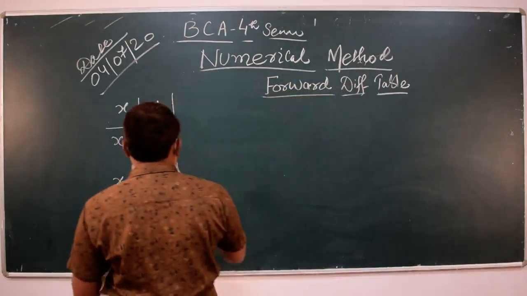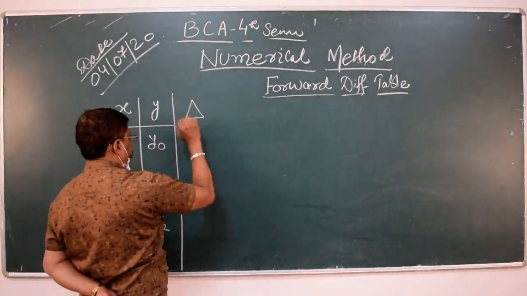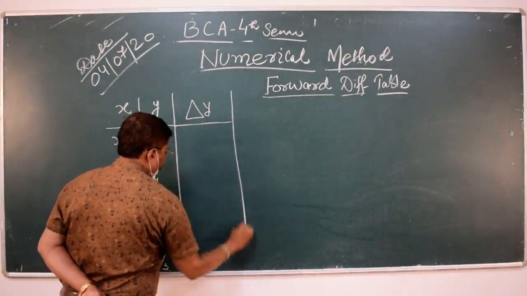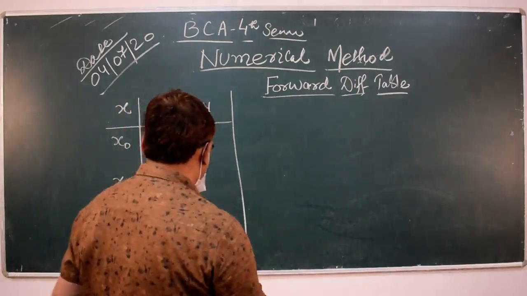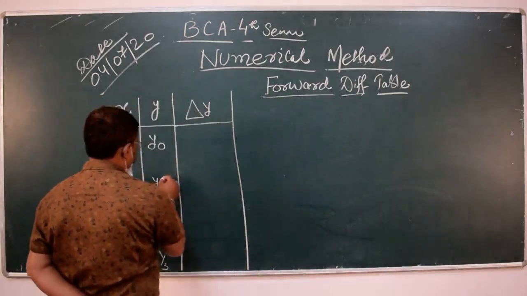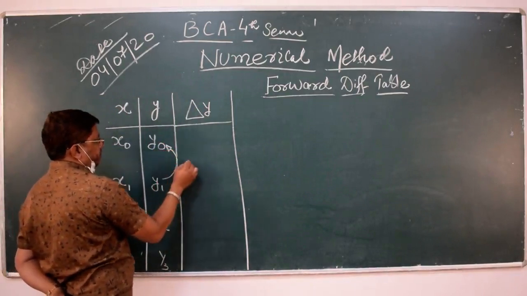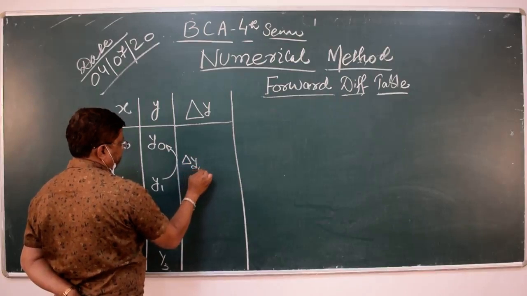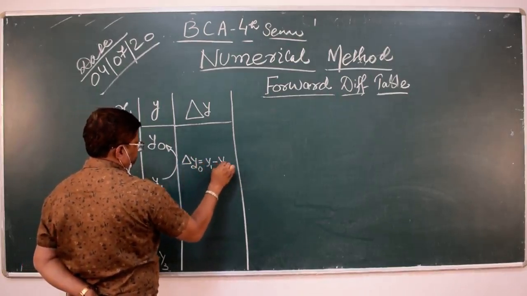Now find the first difference. We represent it with capital delta to the power 1, the first difference of Y. Difference means subtraction. Subtract Y1 minus Y0, and we represent delta Y0 is equal to Y1 minus Y0.